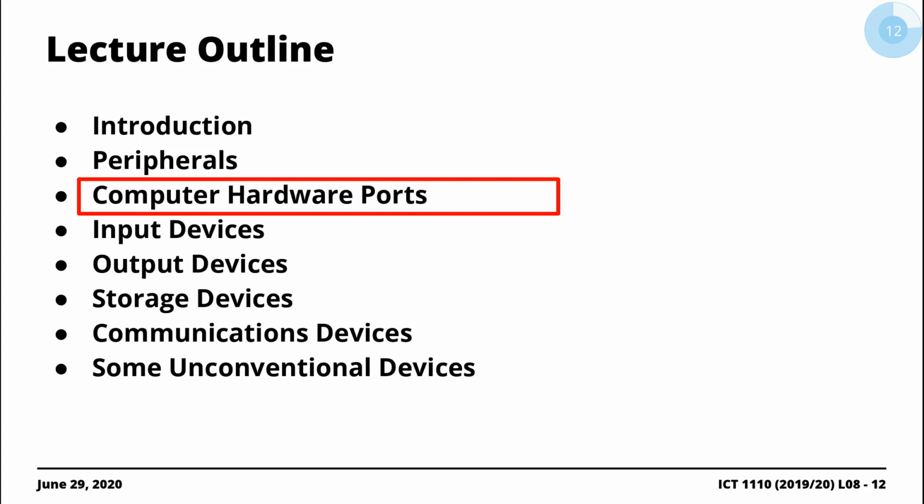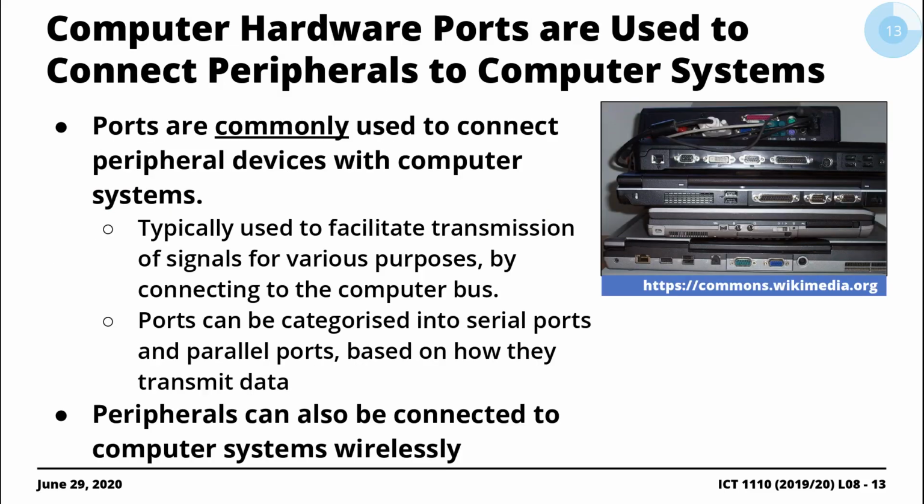Great. So I thought we'd now briefly talk about this. We did make mention of the fact that one of the most common ways in which peripherals are integrated with computer systems is through the use of hardware ports. So now would be as good a time as any to have a discussion around so-called hardware ports. Like I said, hardware ports are the most common way in which peripherals are integrated with computer systems.